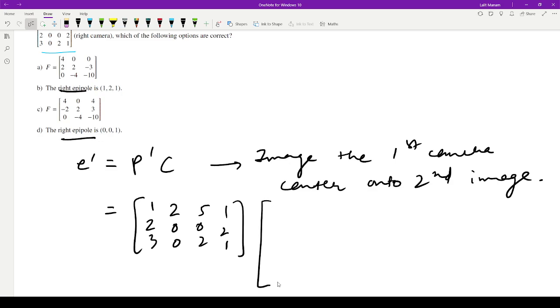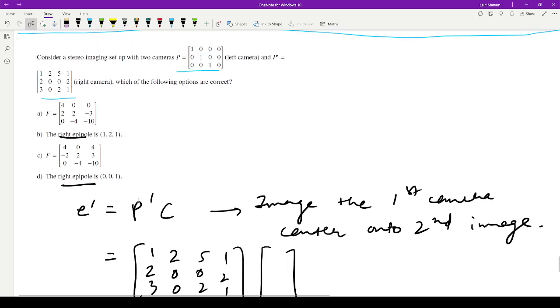P is of this form, from the previous lectures.